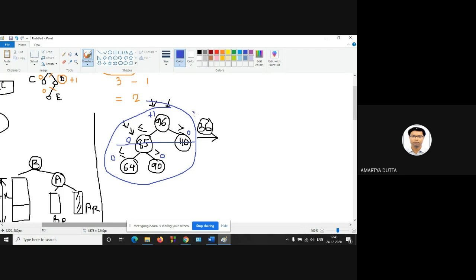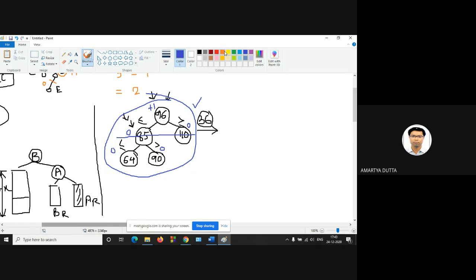Now insert 36. You have to insert in a binary search tree. So 36 will be at which position? Left of 64. So 36 is inserted here. Now calculate the balance factor again.